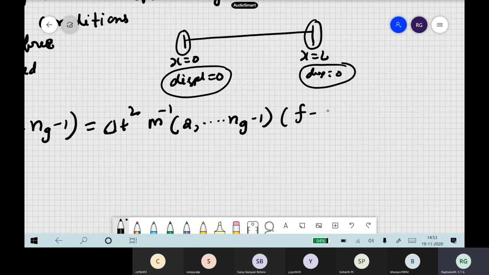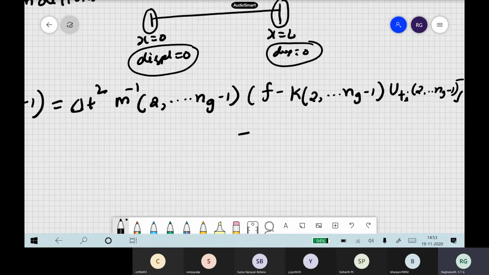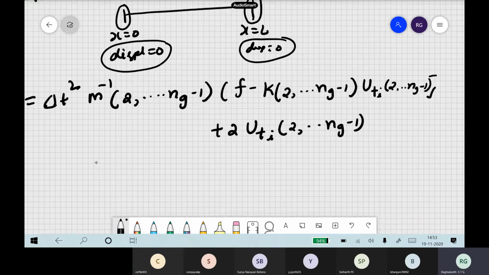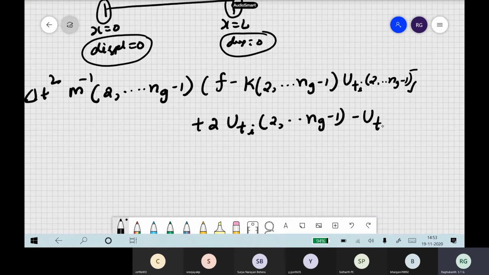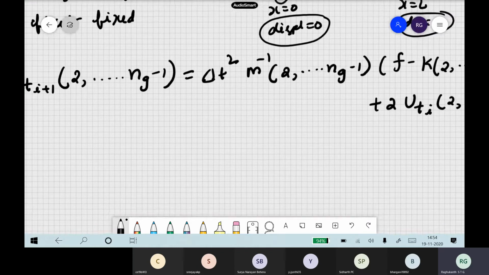And of course F minus K, you also have 2 ng minus 1, and u of t_i, so this also you have to write. Ng minus 1, so 5 plus 2 times u of t_i. You have to delete those corresponding rows, and u at t_{i-1}, which is 2 ng minus 1 itself. So this is how you do it for a rigid boundary also.